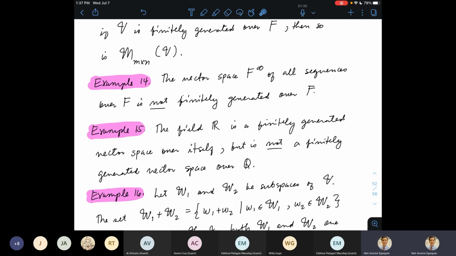And you will not be able to generate any higher degree polynomial. So it really requires the use of all polynomials of the form x to the n, where n is a natural number or 0. So that's another example of an infinite vector space that is not finitely generated.